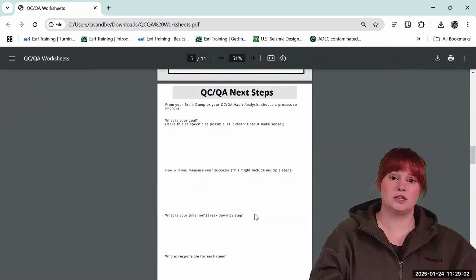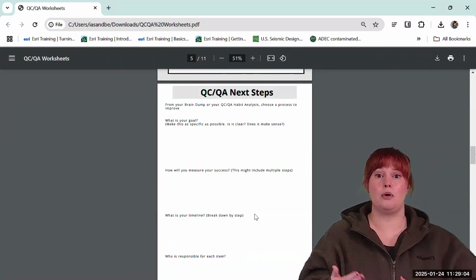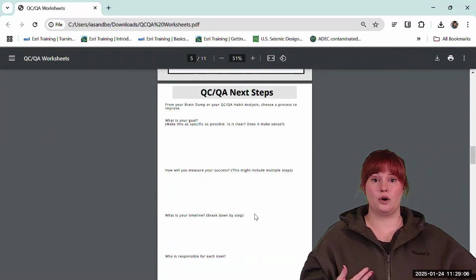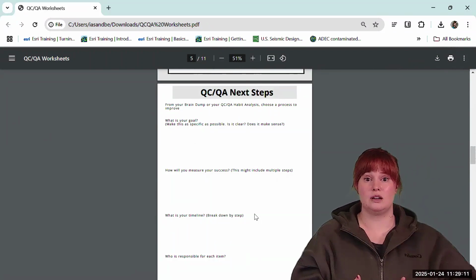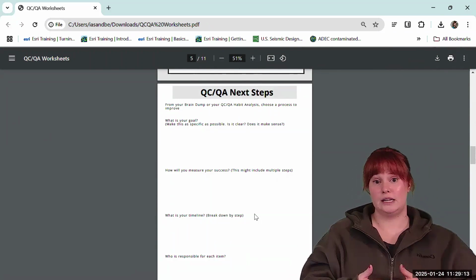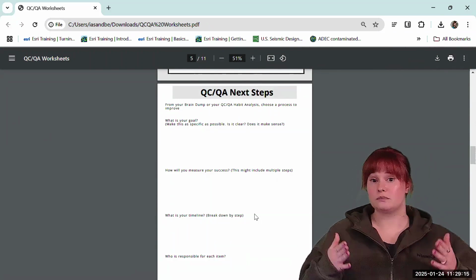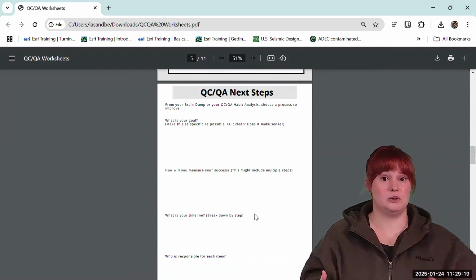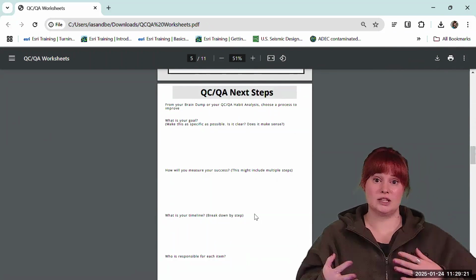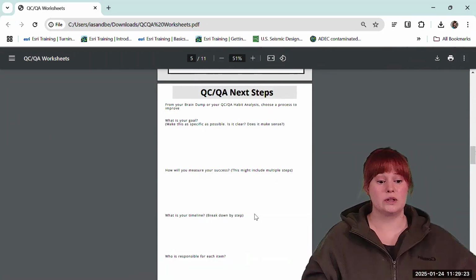And then you want to think about, what's your timeline? How long are you going to give people to start implementing this before, maybe, there are consequences? Or maybe you give people, hey, we're going to give you X amount of time. We're going to do some random audits at that point to see how we're doing in terms of compliance. You want to make sure that that is a transparent process and people kind of know what's going on.